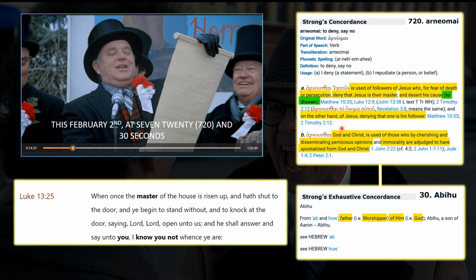That matches the verse Luke 13:25: "When once the master of the house is risen up and hath shut the door, and you begin to stand without and to knock at the door, saying, Lord, Lord, open unto us, and he shall answer and say unto you, I know you not whence you are." The number 30 matches Father, a worshiper of him, God.